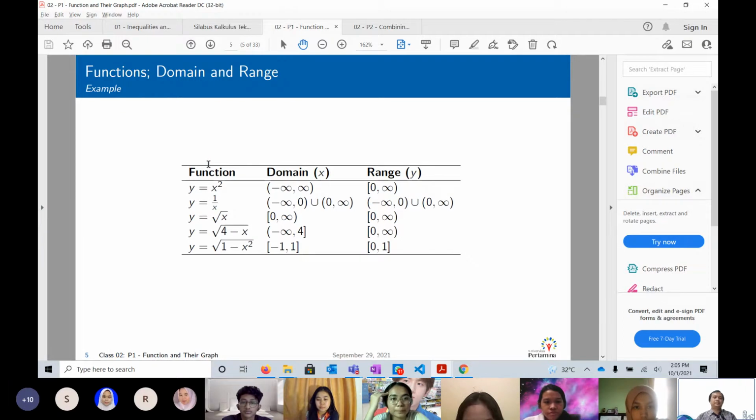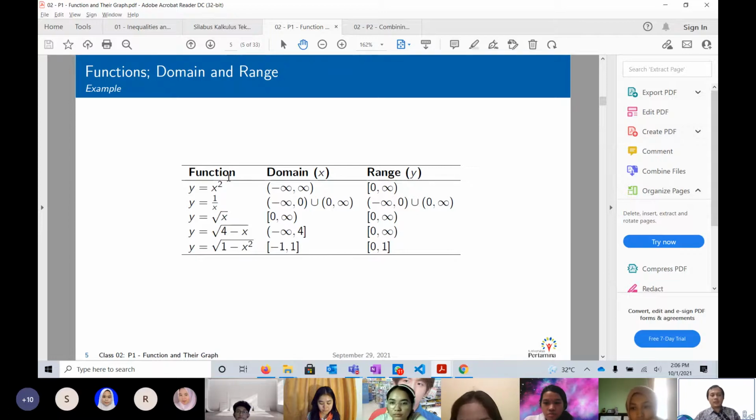For example, we have a function y equals x squared. What is the domain of this function? The domain of this function is from minus infinity to positive infinity. Basically, the domain is all real numbers, because x squared is defined over all the real numbers.